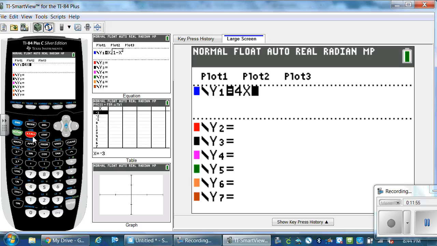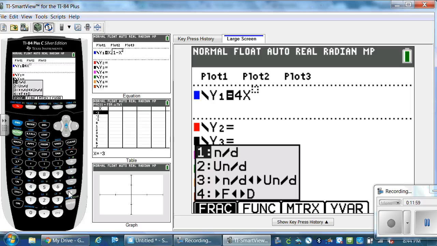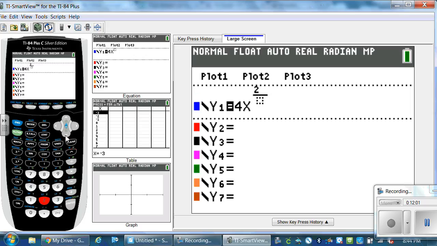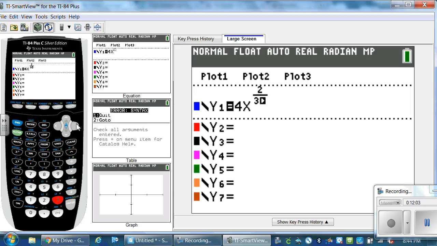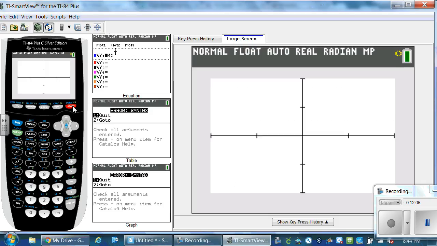4x to the 2/3 power. Oops, I probably should have gone back to a regular screen where you can see it. You can do zoom. It looks even, but let me make it a little bit bigger.